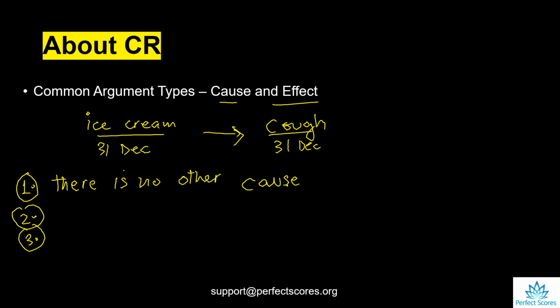So basically I'm saying that I did not do anything else that made me catch the cough. The second is that it's not a coincidence. So basically this means that whenever I will have ice cream on 31st of December, I will always have cough on the same day.